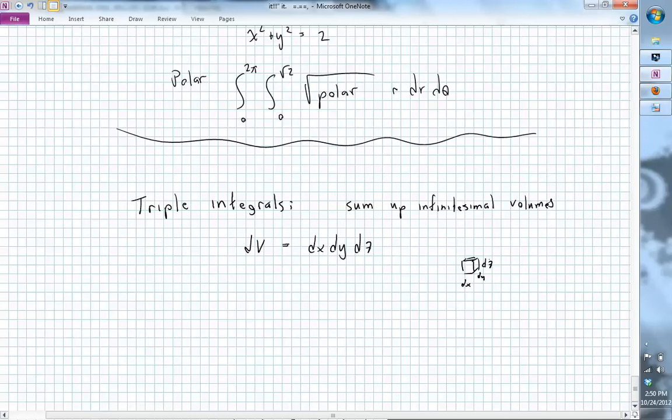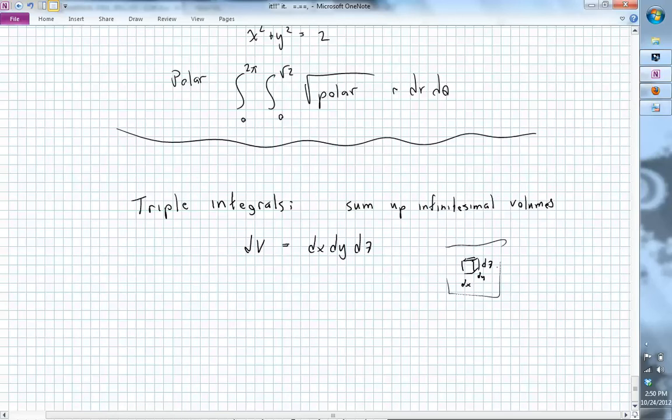But on Friday, we're going to talk about triple integrals in cylindrical coordinates and spherical coordinates, and then this becomes something altogether different, in much the same way that the polar coordinate dA is different from the Cartesian coordinate dA. Nick? That'll give you like little discs, right?